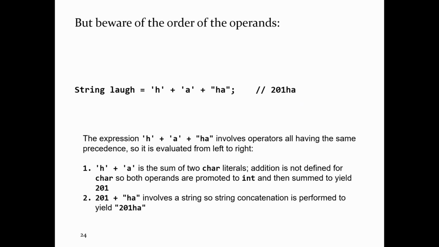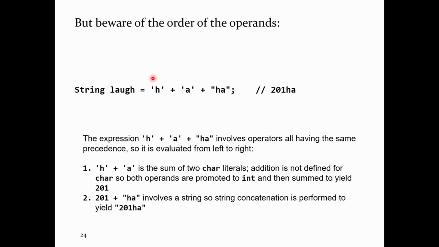Which is really bad, right? You started with 2 chars and you ended up with an int, whereas what you probably wanted was "haha". So this doesn't work. The order in which you write things can matter. The easiest way to fix this problem is to start with the empty string at the front, because if you put the empty string at the front and concatenate that with anything, it will always result in a string being computed in the end.